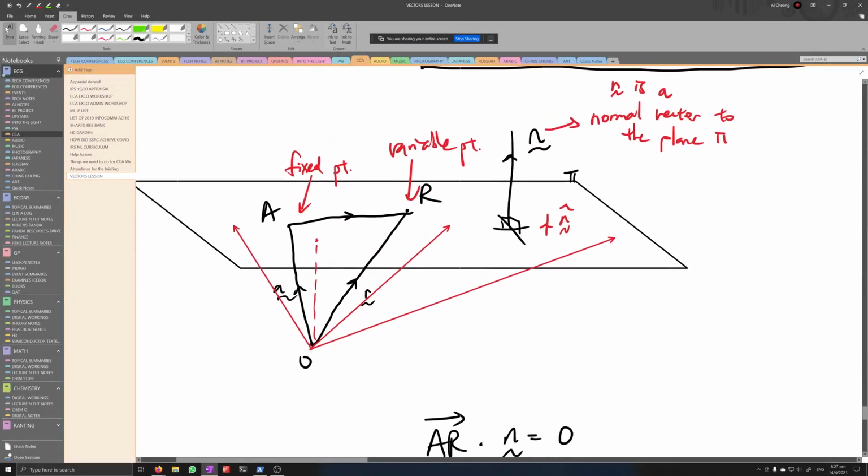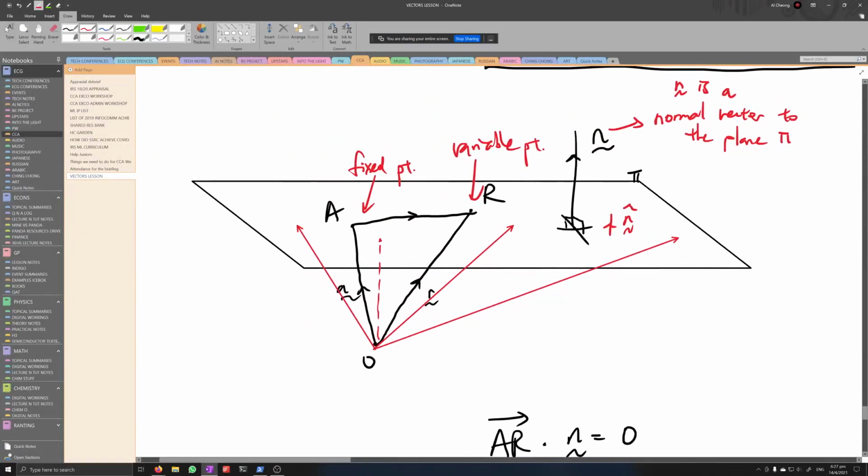Because if you think about it, this line here that I just drew is essentially analogous to this normal vector, because we can always just take the normal vector and shift it down here. It's the same thing because it is still perpendicular to the plane.